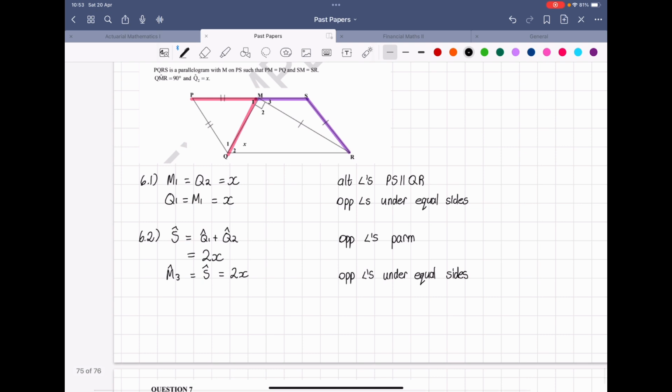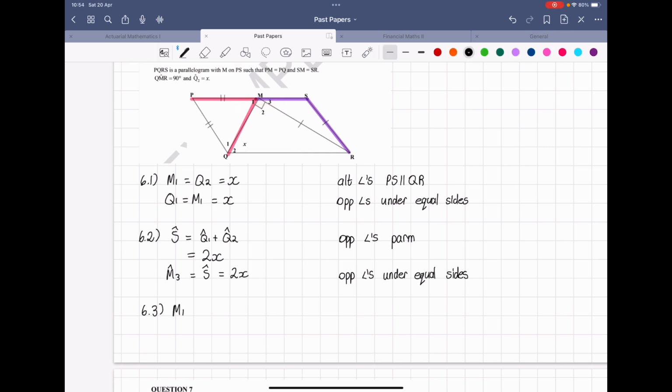Then for the final question, 6.3, I'm asked to find the numerical value of x. So I found out that M3 was 2x, I found out that M1 was x, and I was told in the question that M2 is 90 degrees, and these are all angles in a straight line, so I know that their sum is equal to 180 degrees.